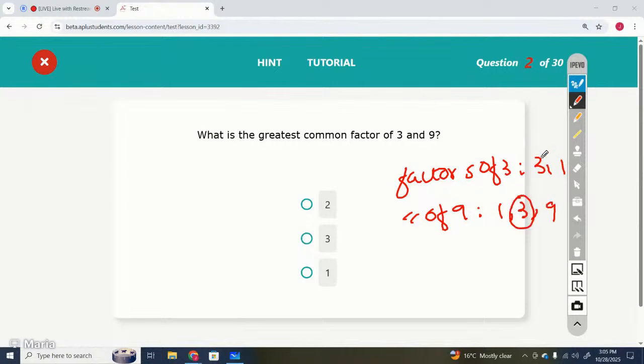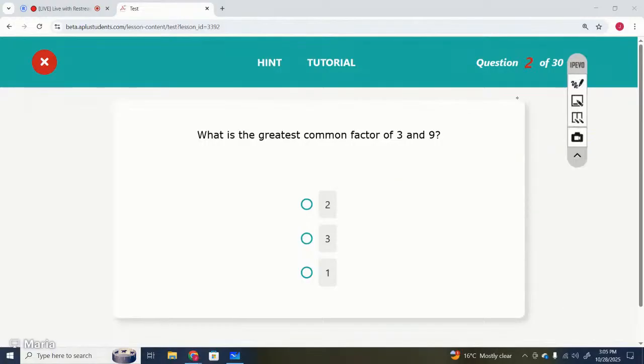So the greatest common factor is 3. So the correct option is 3. Option number 2 is the correct option.